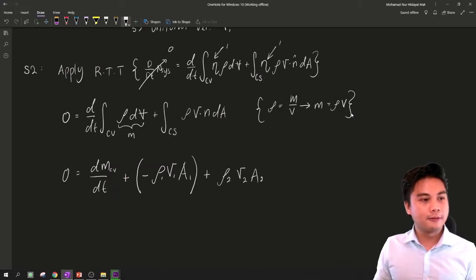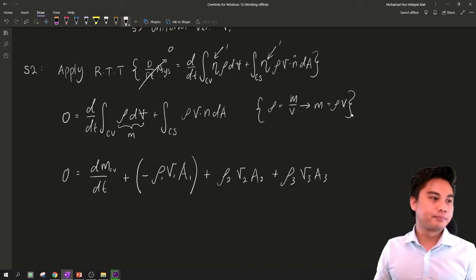This is positive because it is out of the control volume. And point number 3 as well, out from the control volume, plus rho 3 v3 A3.